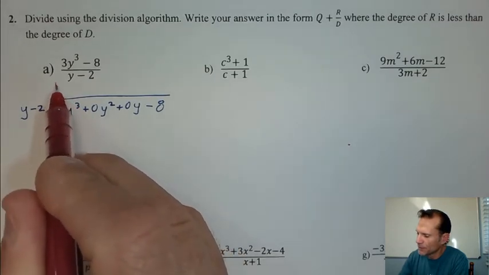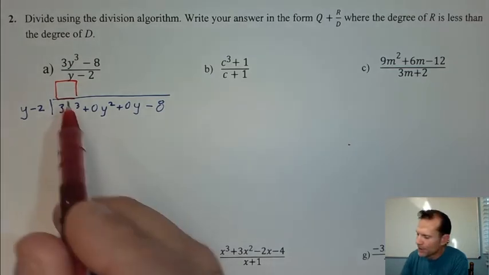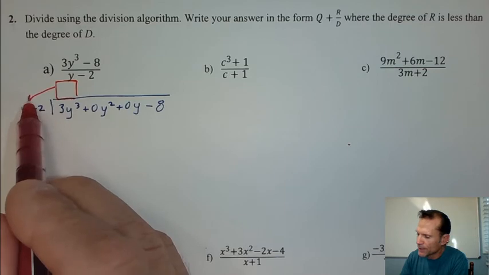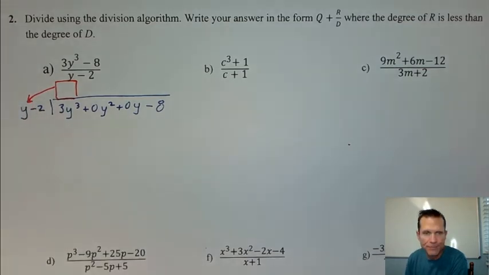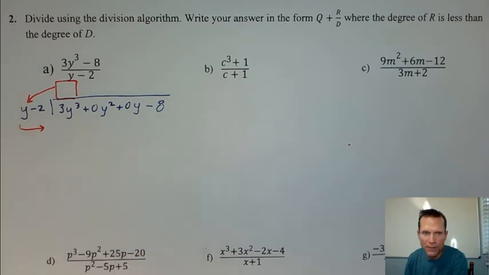Okay, so now the process that we use here repeats itself, but we start up here, and we don't necessarily need to put this box. I just put it here for a visual. I'm going to think about what can I put in this box so that when I take it times y, I get exactly 3y to the third.